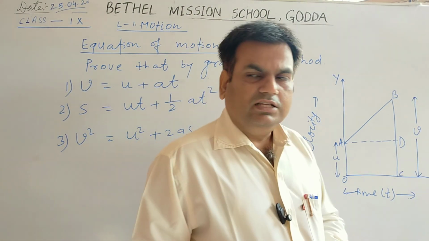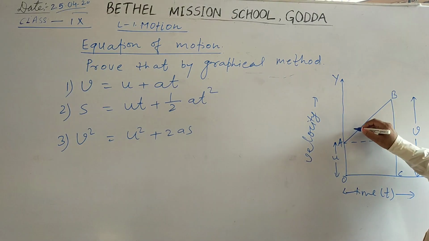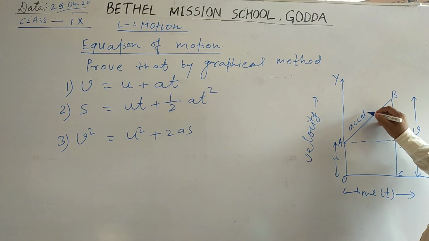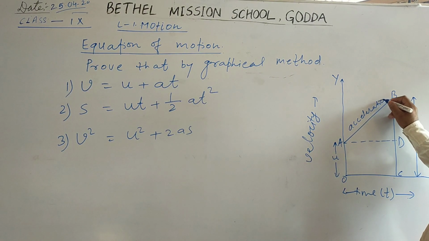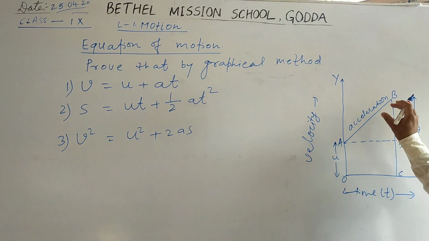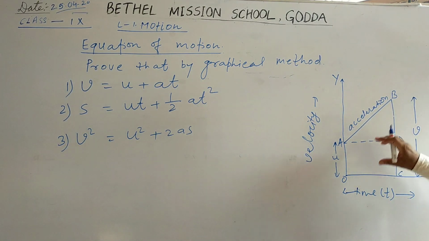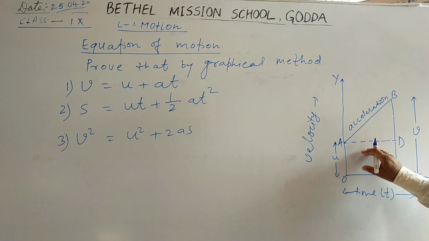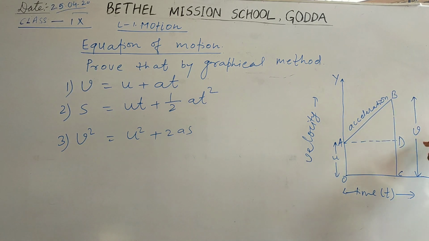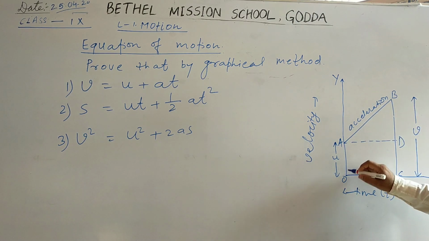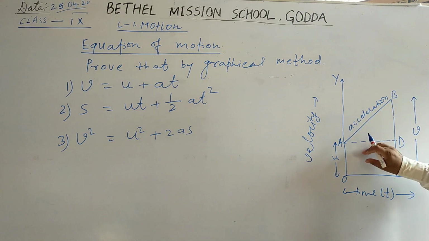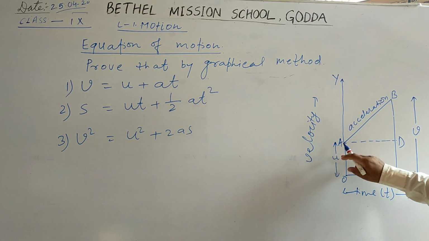So here the slope is acceleration. Now the final velocity of this object is v, and u is the initial velocity.